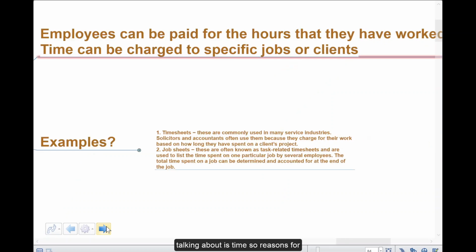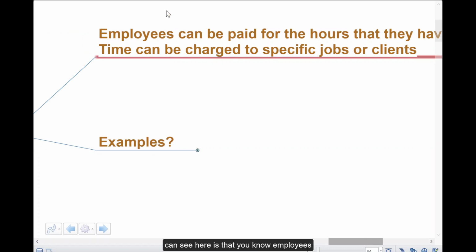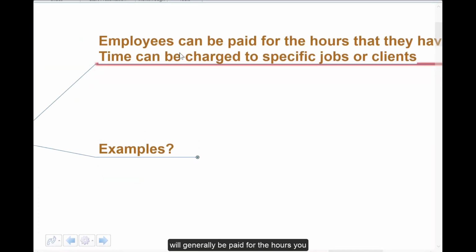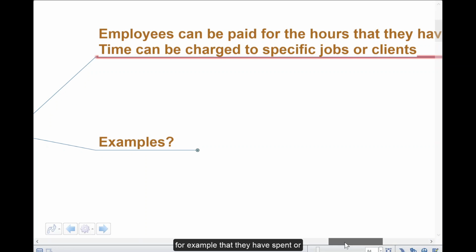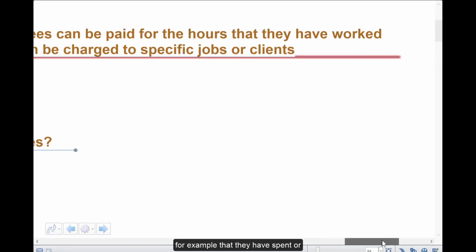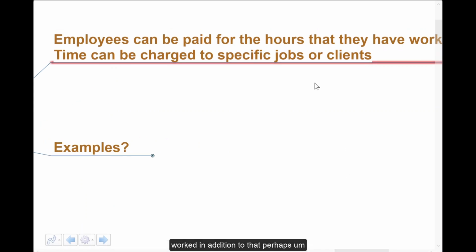Reasons for recording labour time spent are that employees will generally be paid for the hours, for example, that they have spent or worked. In addition to that, perhaps time can be charged to a specific job or indeed a client.